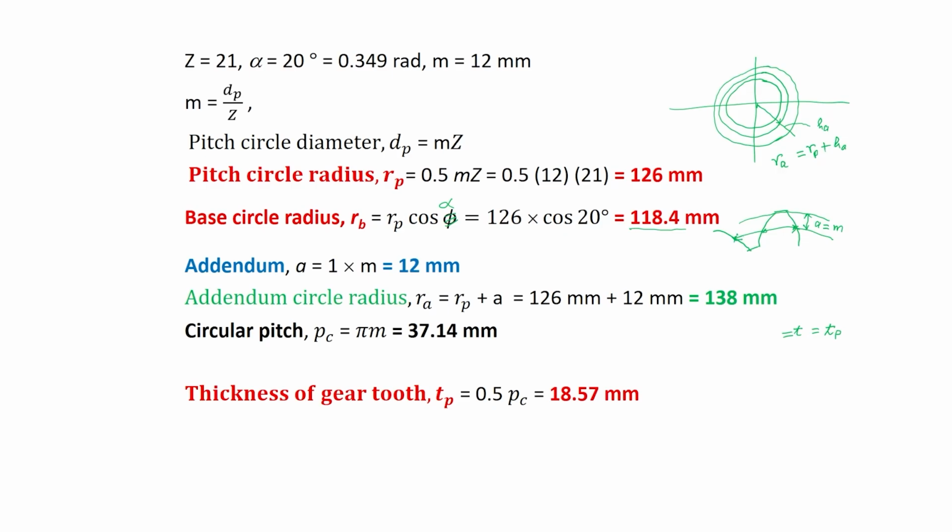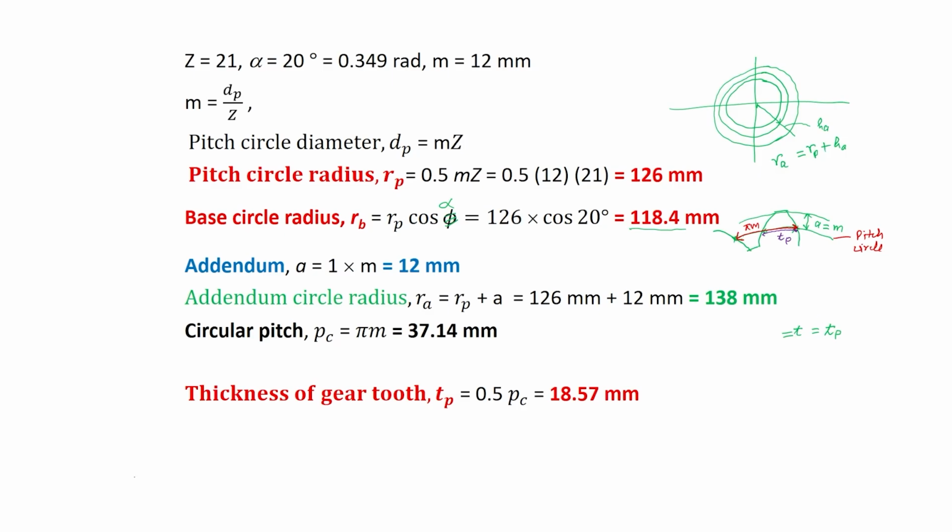This complete arc along the pitch circle is the circular pitch, pi multiplied by m, and this one is the thickness of the gear tooth TP.